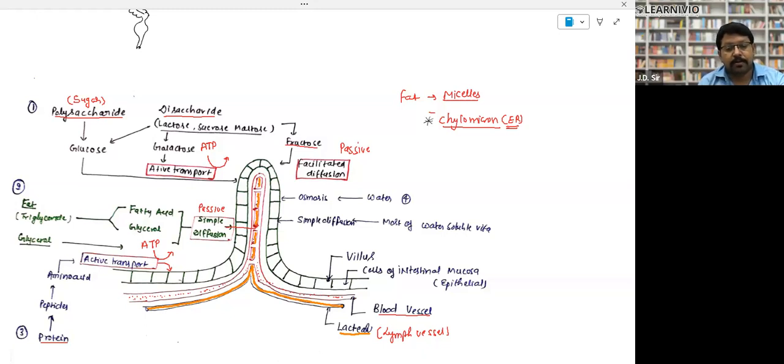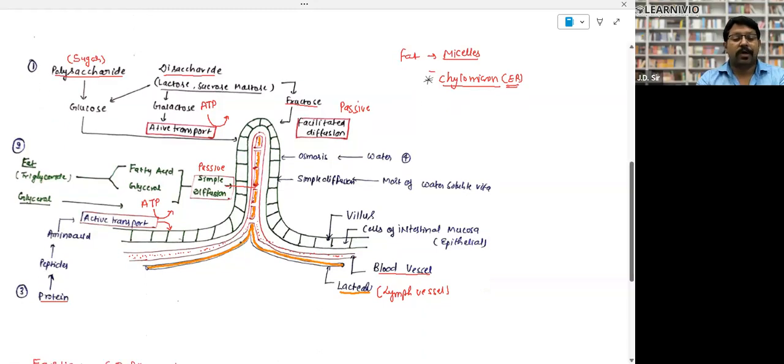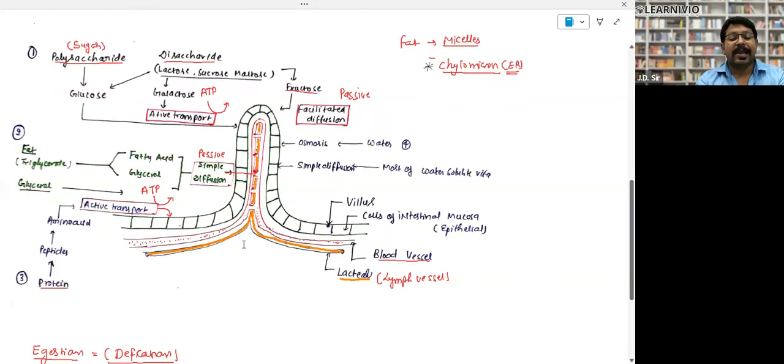Full stop. The chylomicrons are absorbed into lymph vessel called lacteal.